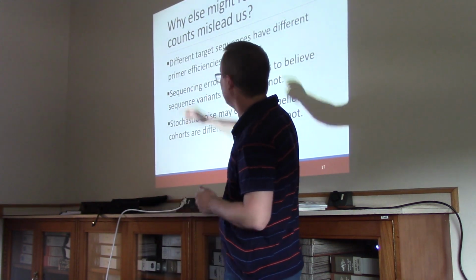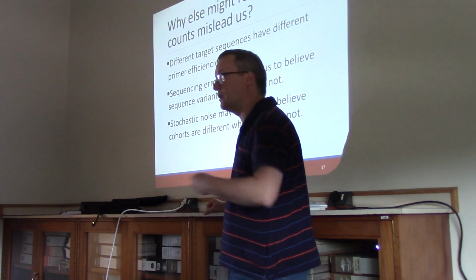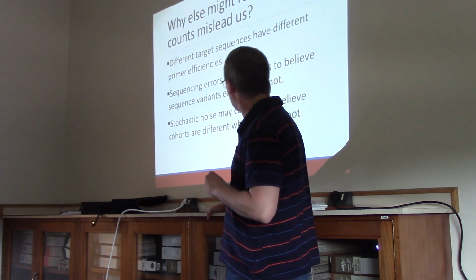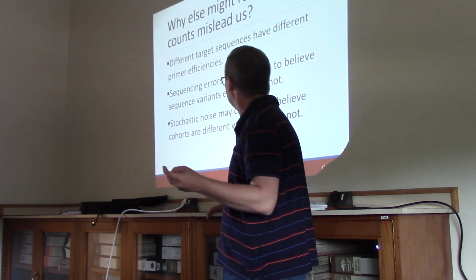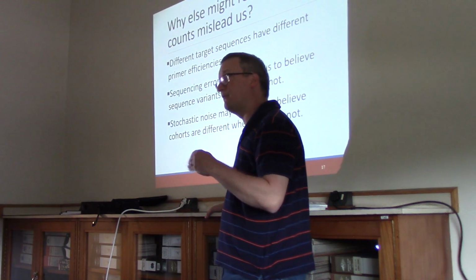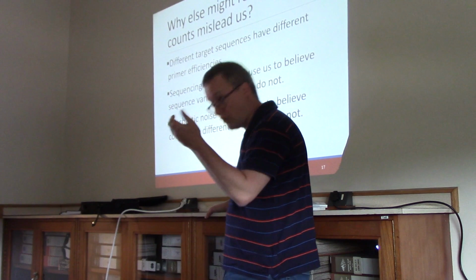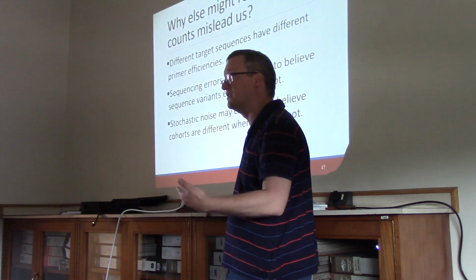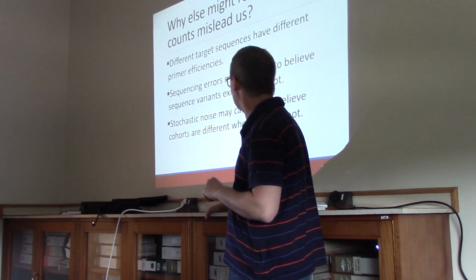So the primer design is certainly a big issue when you're trying to determine quantity. Sequencing errors may cause us to believe that species exist in our samples that don't. So the problem of eliminating singletons, or at least rare reads, is something that can help us to resist falsely claiming a species is there.